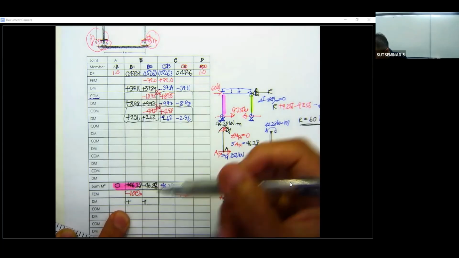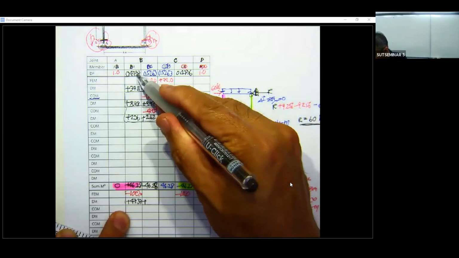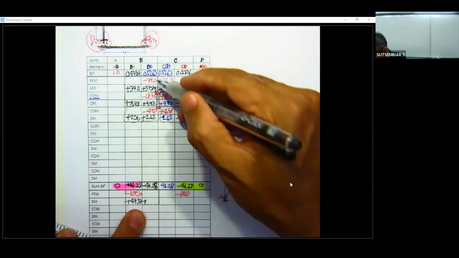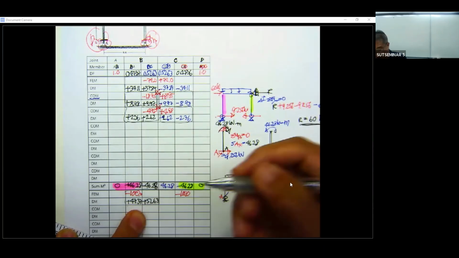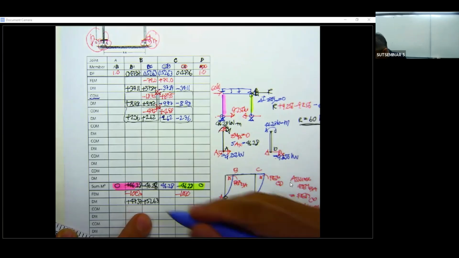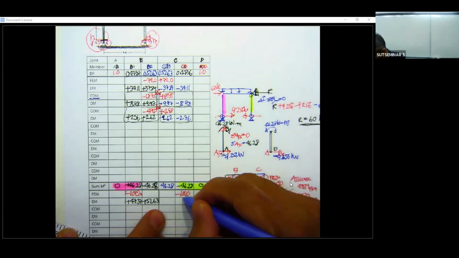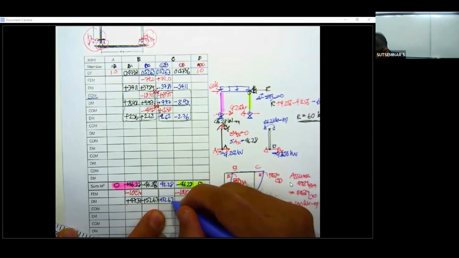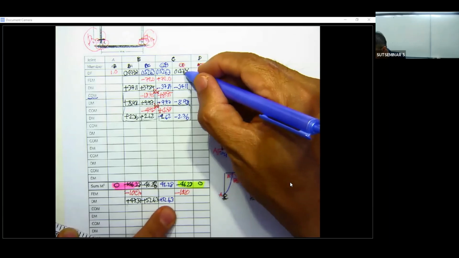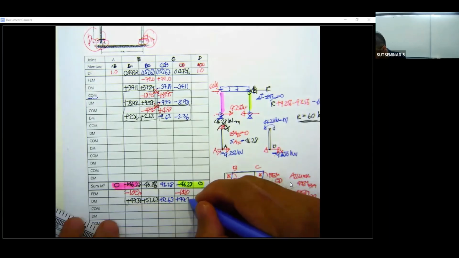Okay, you go over here. The first one is going to be plus 47.3, 100 times this, and 100 times this plus 42.63. Okay, and then you come into this one, you require plus, okay, the same as before, plus 100 times this one plus 52.63, and 100 times this one is going to be plus 47.36.